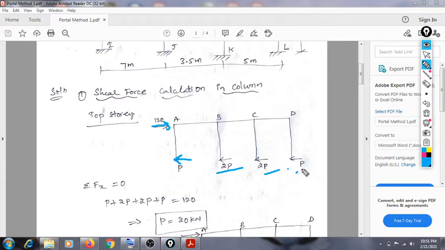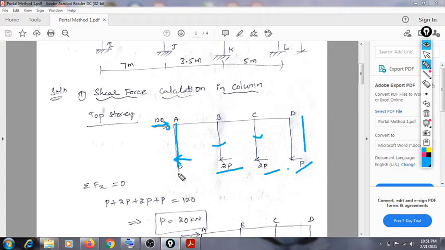So from the assumption, it is very clear that the end columns are having a load P, and the intermediate columns, this is B and C, are having twice the load of the end columns.